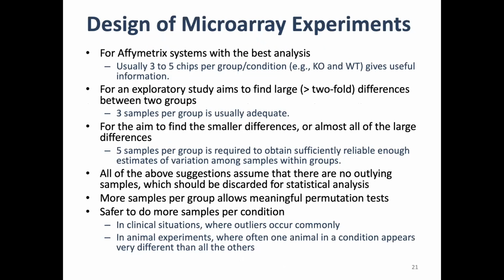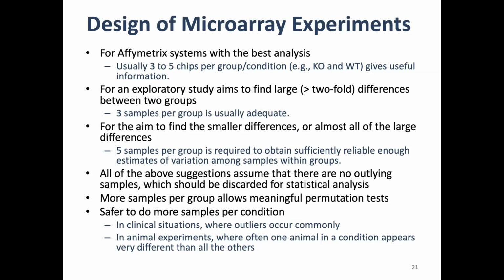For an Affymetrix system with the best analysis, usually 3 to 5 chips per group or condition, for example knockout versus wild type, gives useful information. If you are settling for greater than twofold differences between the 2 groups, then 3 samples per group is enough.